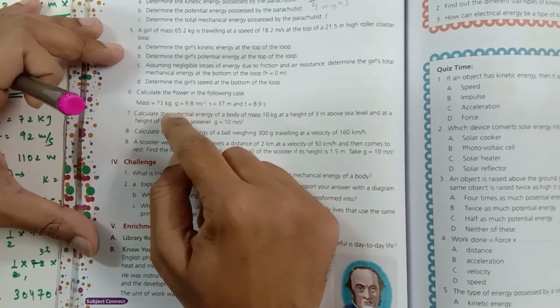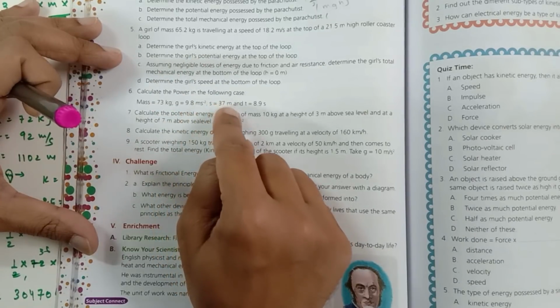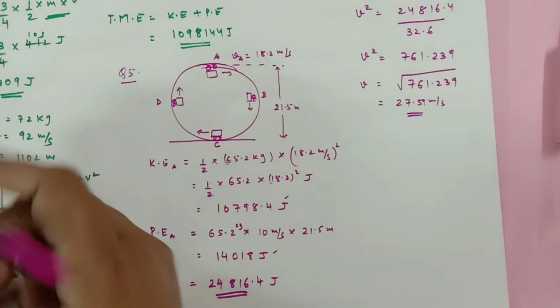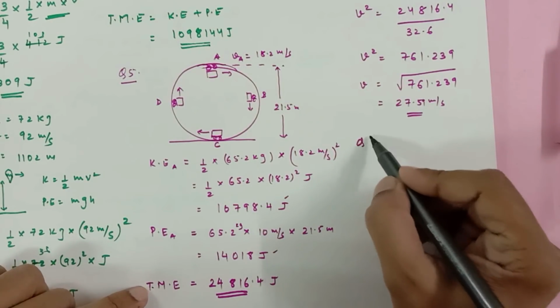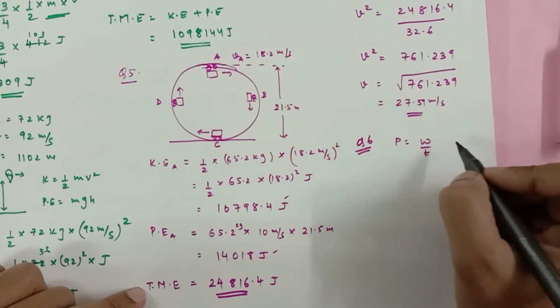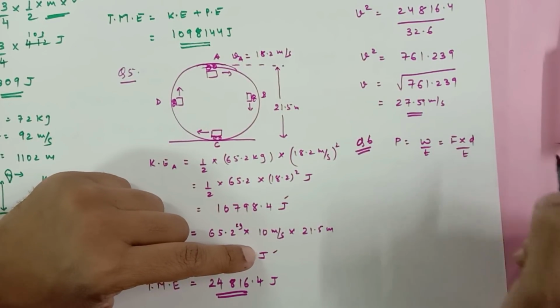In question number 6, again we are supposed to find out the power. Mass is given, g is given, distance and time is given. So let's solve that. We know that power is equal to work done upon time. Now work is equal to force into distance upon time.